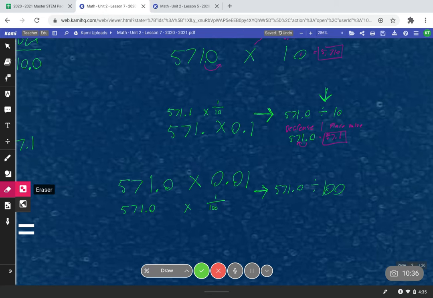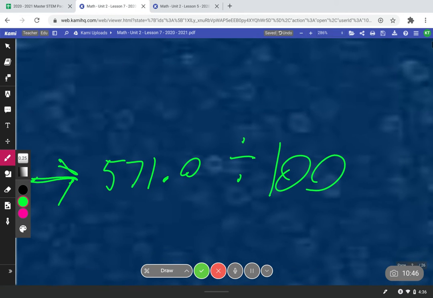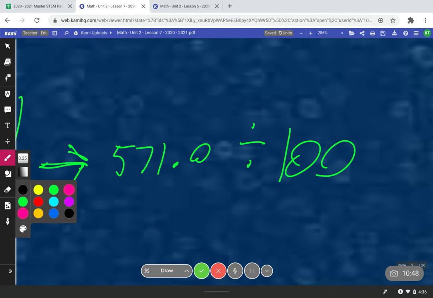And now that we have it in that form, I can go to this and say, okay, look, when I divide by 10, I decrease in place value. So I'm not dividing by 10 anymore. I'm dividing by 100. So I'm going to decrease two place values. And that is because 100 has two zeros, 1, 2.